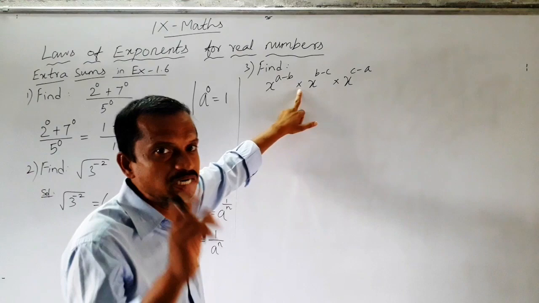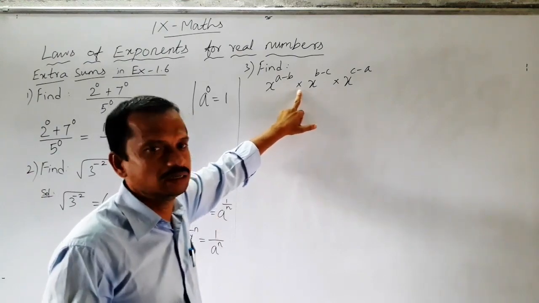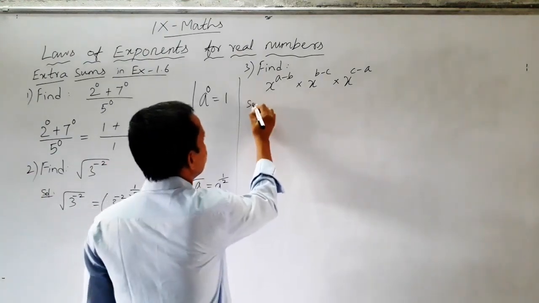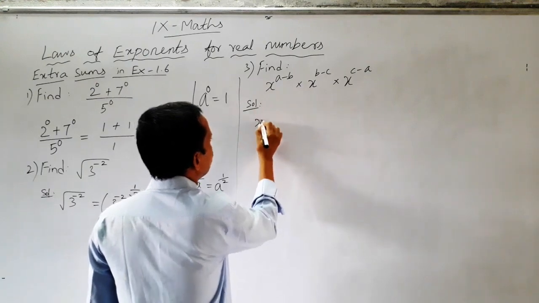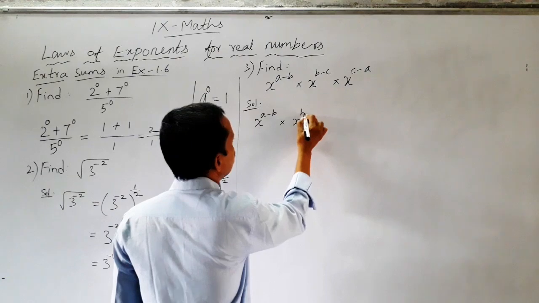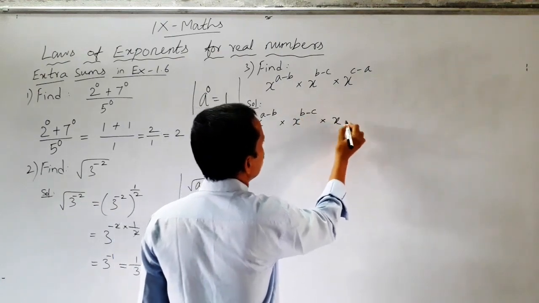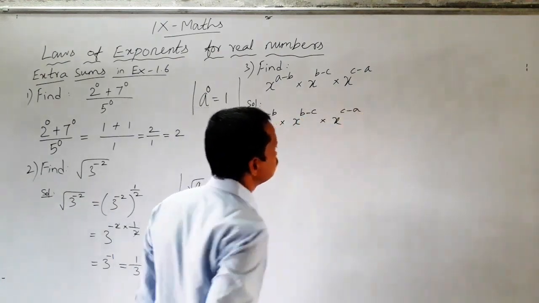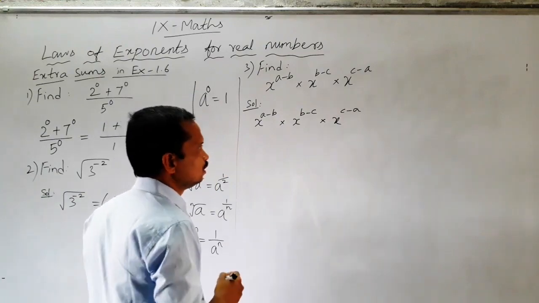So this is the multiplication symbol. Clear? And in the solution, you see what we are going to do. x power a minus b into x power b minus c into x power c minus a. Clear?